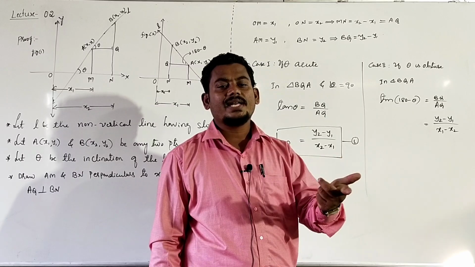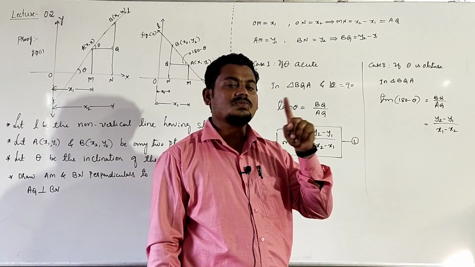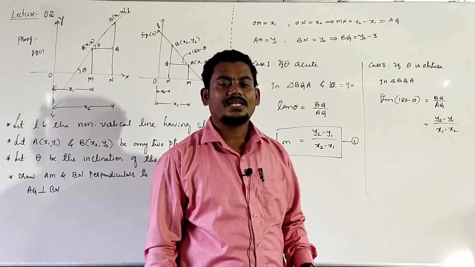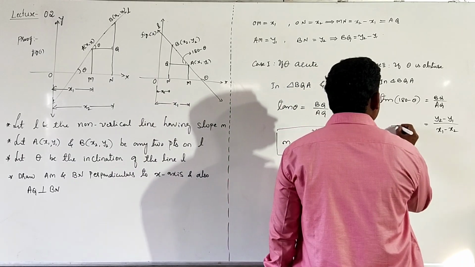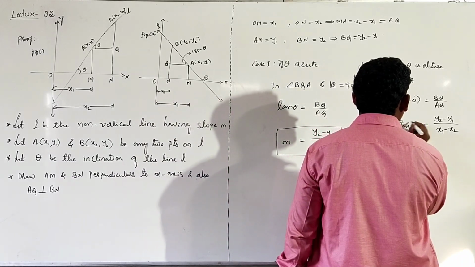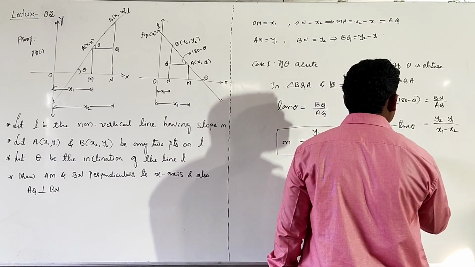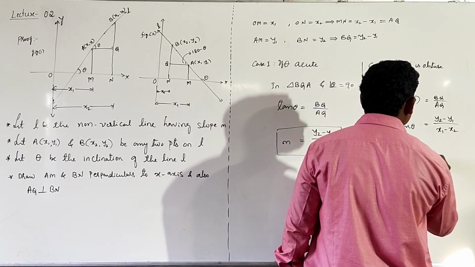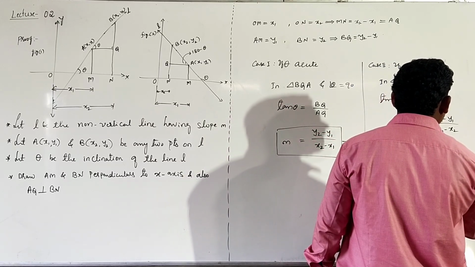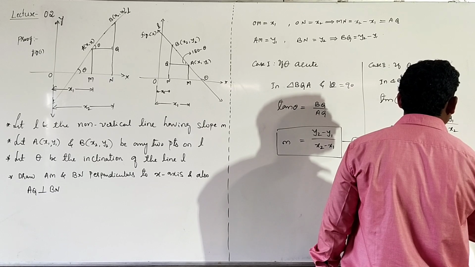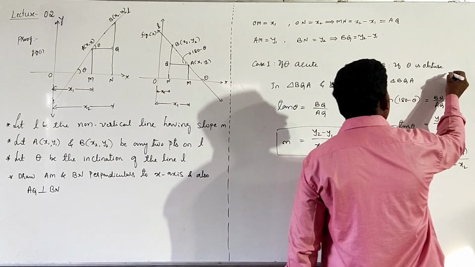The ratio remains the same, because 180 minus means second quadrant. In the second quadrant, whether tan is positive or negative, clearly negative, right? Means minus tan theta. Then send this negative sign to the RHS. Tan theta is equal to minus of (y2 minus y1) divided by (x1 minus x2). Remember this point. Case 2 means figure 2, right?